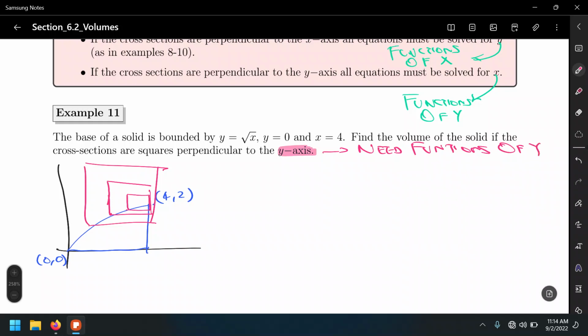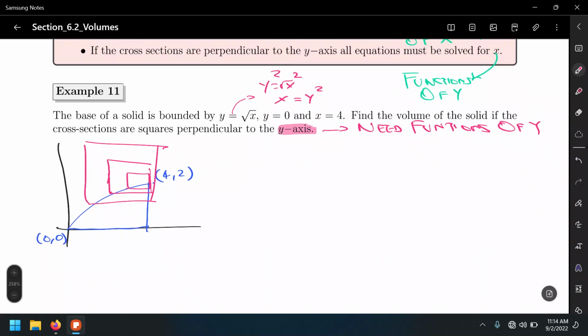So we need functions of y in this case. So, y equals the square root of x. To solve for x, square both sides, we get x equals y squared. And this vertical line is already a function of y, if we will.